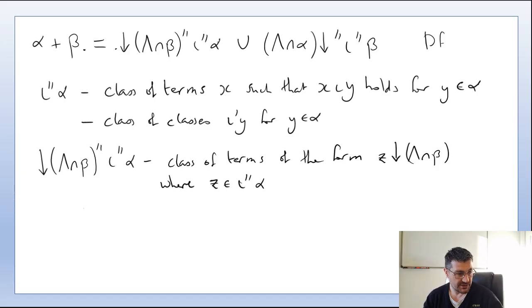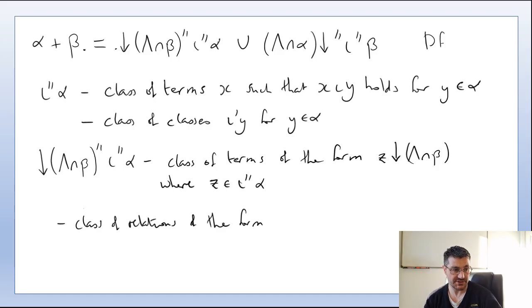Okay, so we've got, in other words, a class of relations of the form. So now I've got the information there in front of me. Well, if z is a member of ι″α, then z must be of the form ι′y.